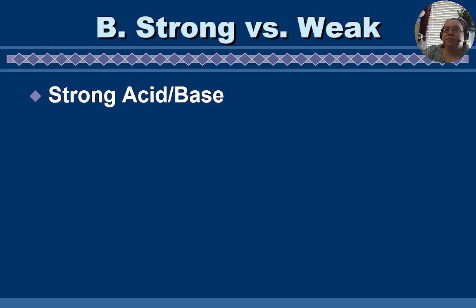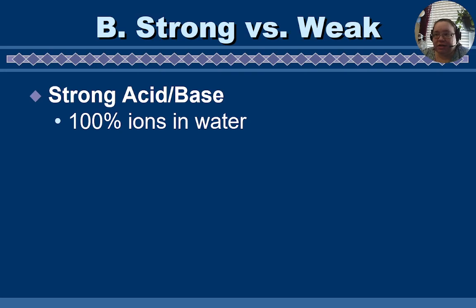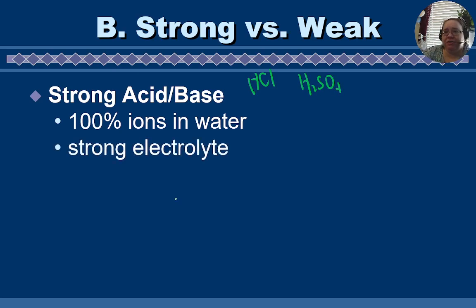So what are some strong acids or strong bases? Our strong acids, some of the ones that I mentioned earlier: HCl is a strong acid, H2SO4 is a strong acid. They form 100% of their ions.